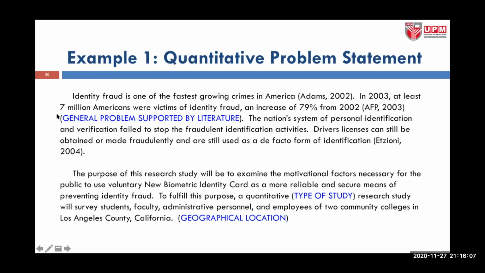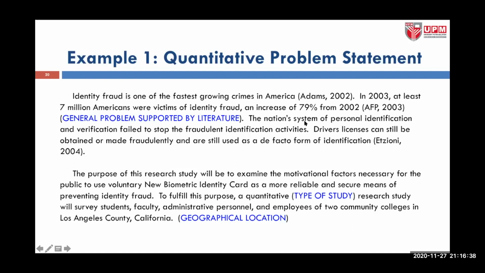That's a huge number, an increase of 79% from 2002. It's reported by another article there. General problem supported by literature, right? So you can see here the 2 sentences being spelled out in the first paragraph, basically stating the general problem. It is supported by facts from literature. Okay, and then we continue.